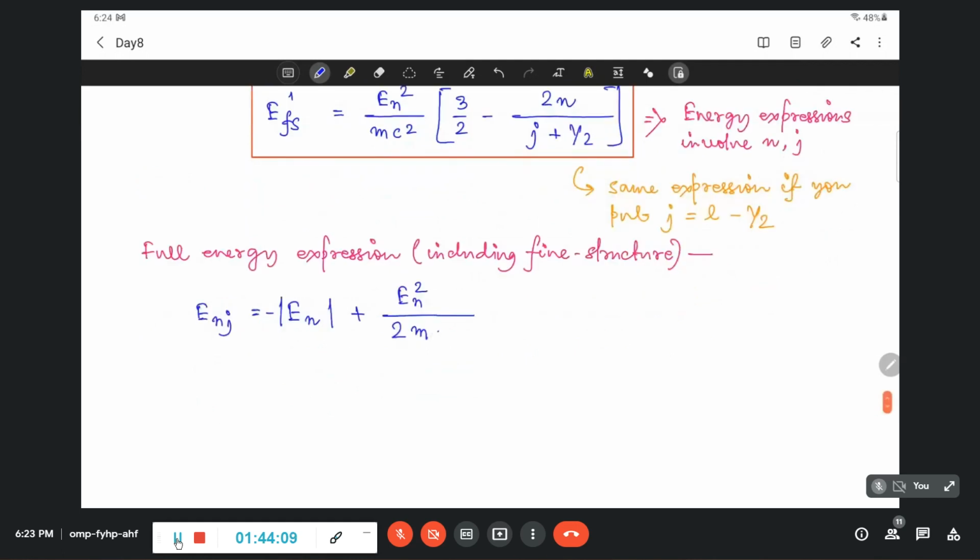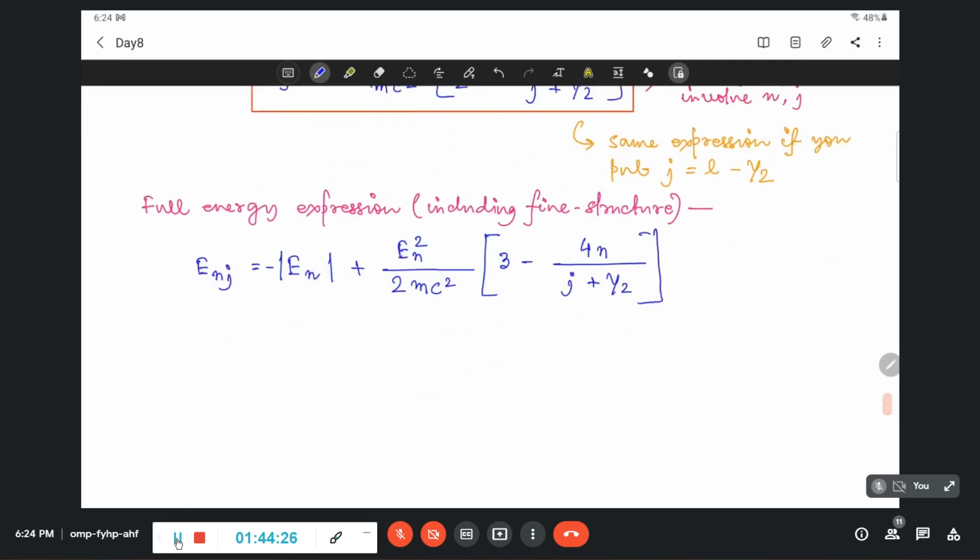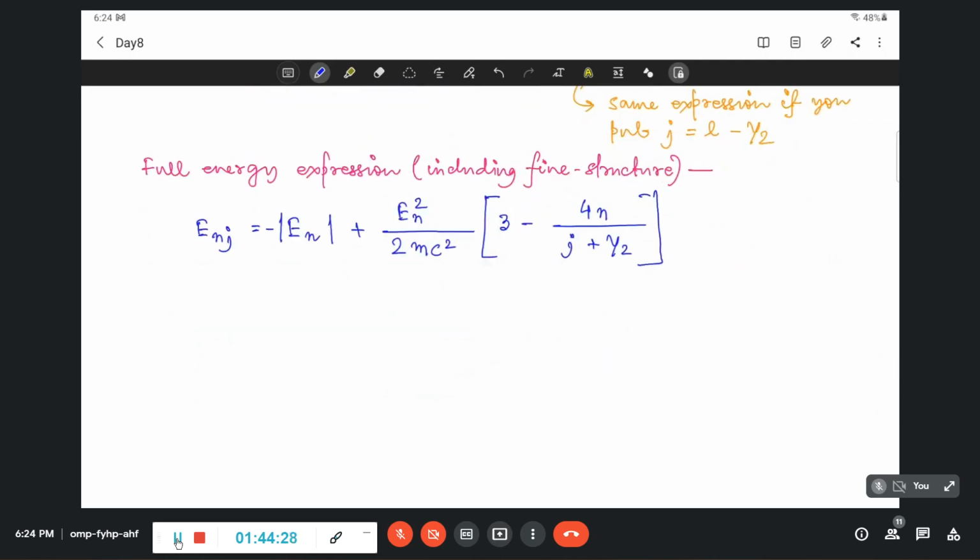If I take 2mc squared common, then we will have 3 minus 4n over j plus half, from this boxed expression. And this you have to somehow get to a correct form.